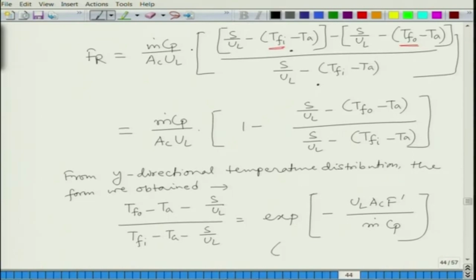So, this is from the last lecture. Now, we are going to use this expression.